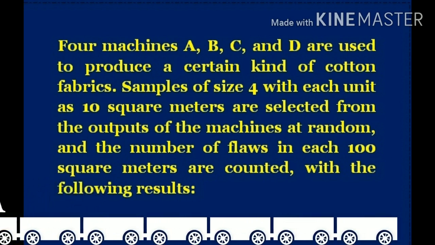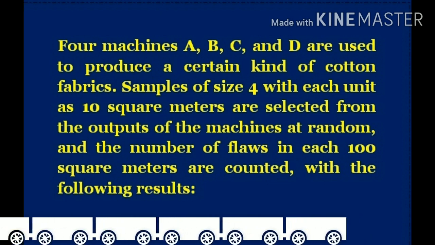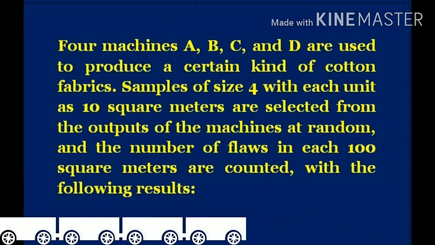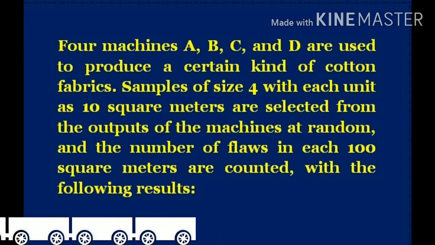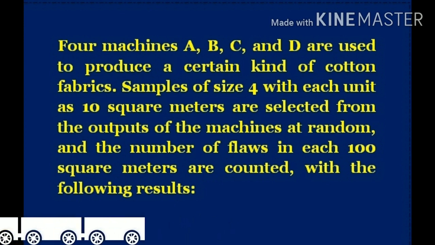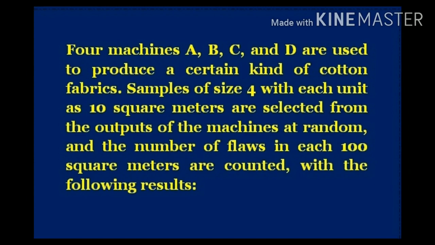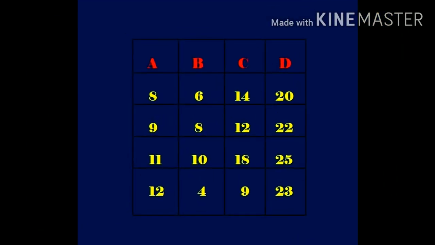Here we are given 4 machines A, B, C and D. From each machine we are taking samples of size 4. So obviously we are taking 4 samples, so we must use the analysis of variance procedure.